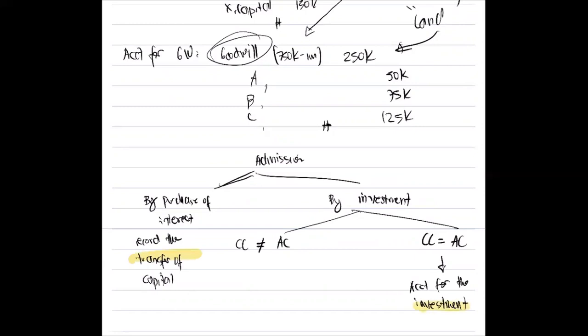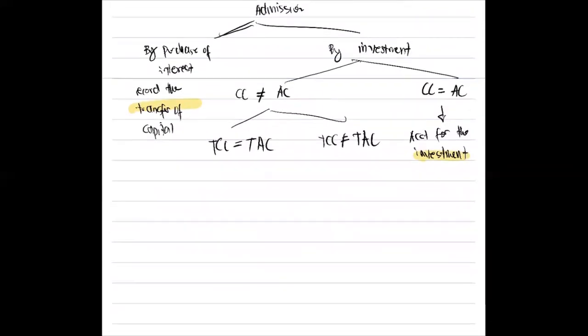Now, what if by investment and the contributed capital is not equal to your agreed capital? So it's either your total contributed capital is equal to your total agreed capital, or total contributed capital is not equal to your total agreed capital. If your total contributed capital is equal to your total agreed capital, then we treat this one as a bonus. So what is this bonus?